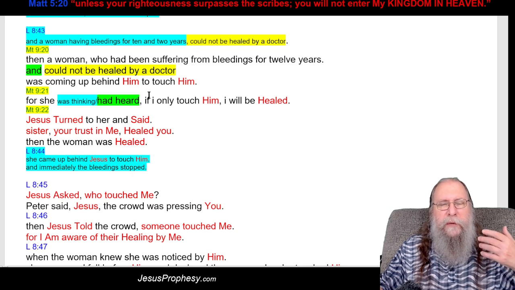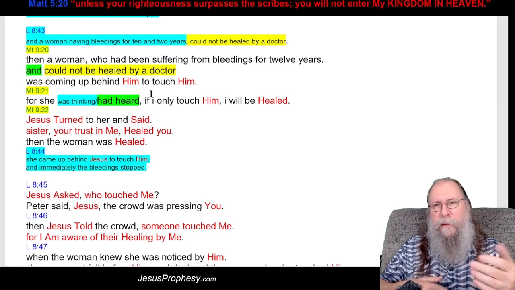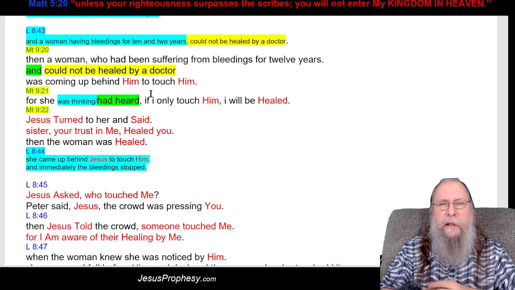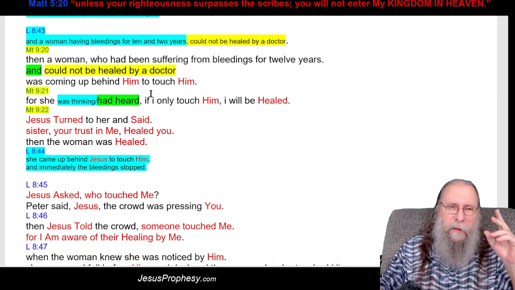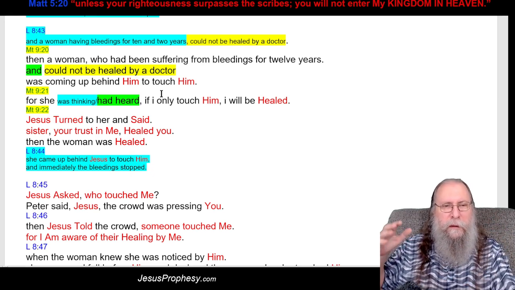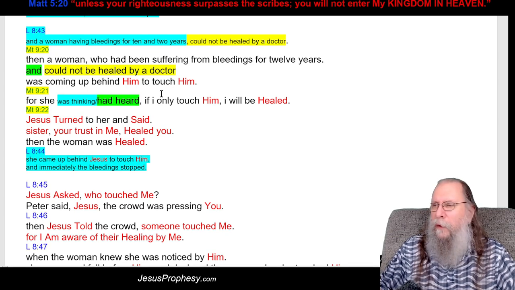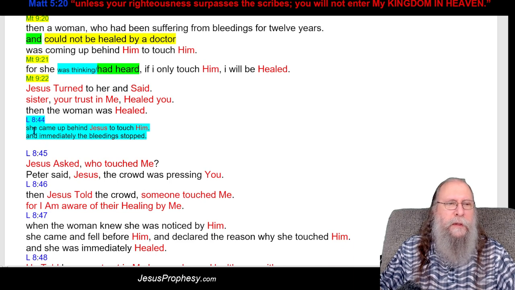So now we have this woman joining the crowd later because he had been healing people before this story, if my memory is correct in the completion of the story. So this verse here I did not need.